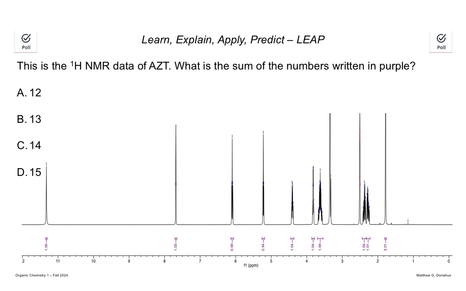Let me see if I can even read this. Can you read that? What is the sum of the numbers written in purple? You have it on your screen. Can you read it on your screen?